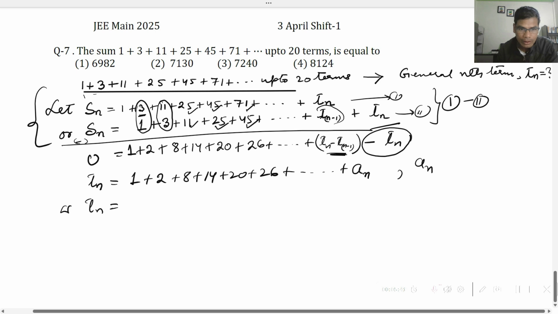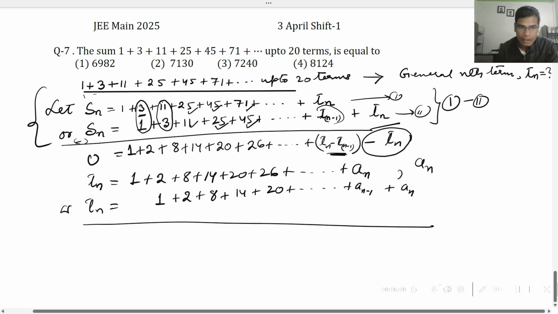Now this one I'll write below 2, 2 below 8, 8 below 14, 14 below 20, 20 below 26, and so on. Then the term before the last term is a suffix n minus 1, then plus the last term, which is a suffix n.